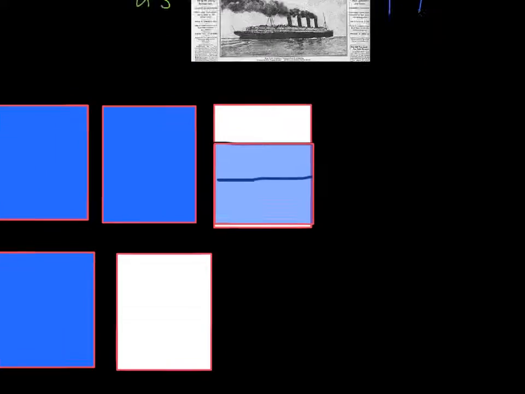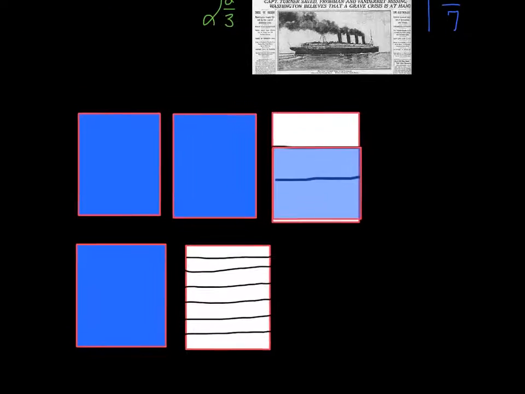Now, in order to do that, I'm going to give myself a little more room. 7 parts means I'm going to draw 6 lines. So I'm going to go 1, 2, 3, 4, 5, and 6. That should give me 7 parts. 1, 2, 3, 4, 5, 6, and 7.